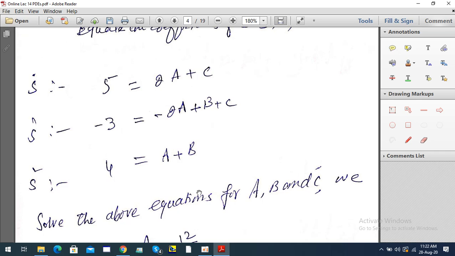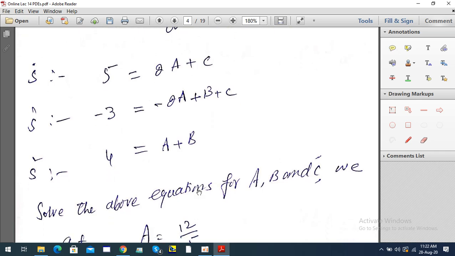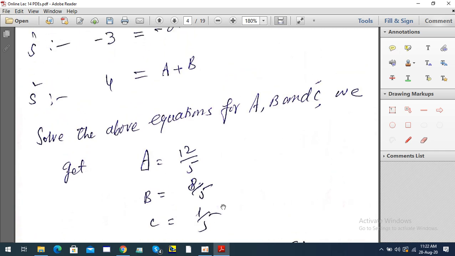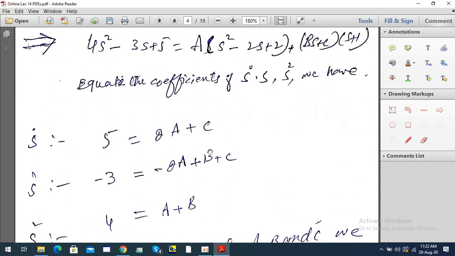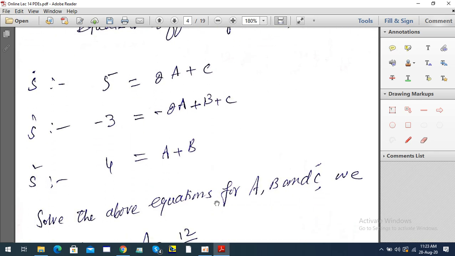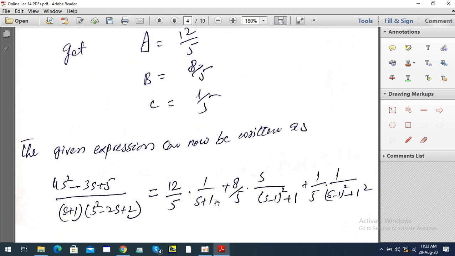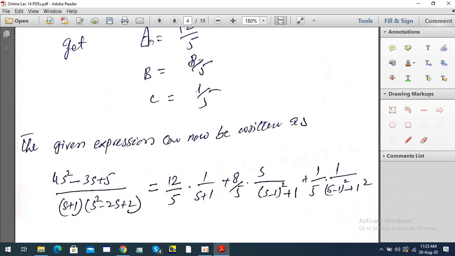I compared first s power 0, then s power 1, and s power 2, and I have found A, B, C as 12 by 5, 8 by 5, and 1 by 5. We have three unknowns, A, B, C, and three equations, so you can easily solve these equations to find A, B, and C. You can try yourself if you have any problem.